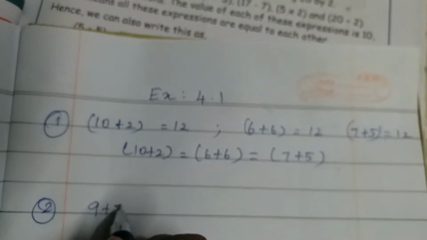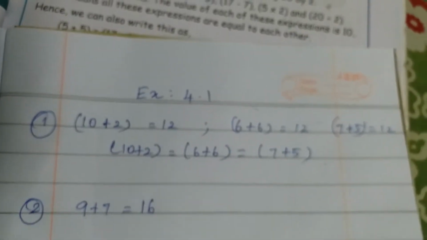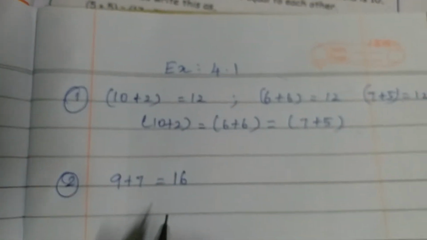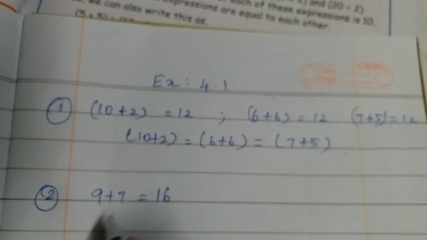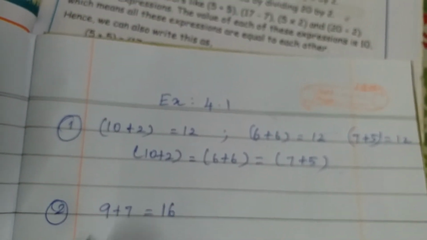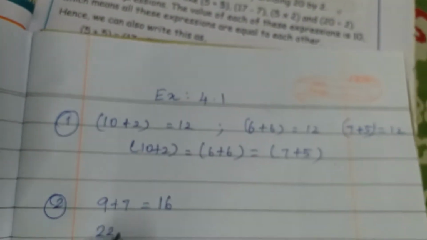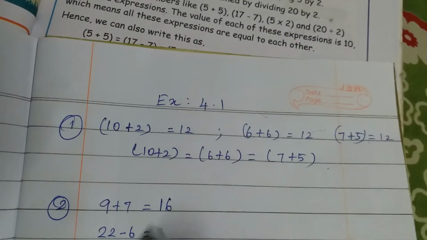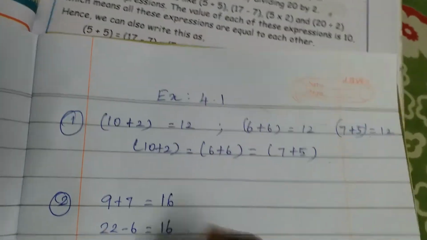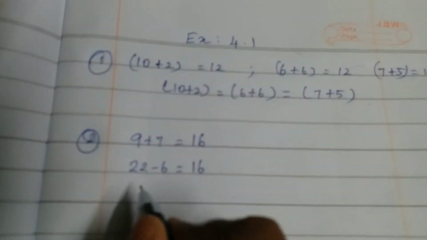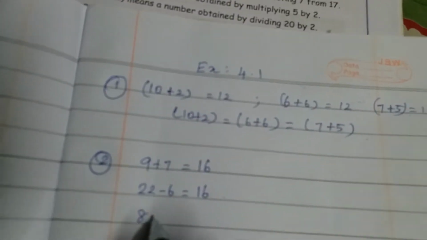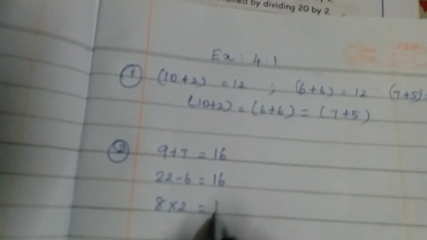9 plus 7 is equal to 16. Next, 22 minus 6 equal to 16. Next, 8 into 2 is equal to 16.